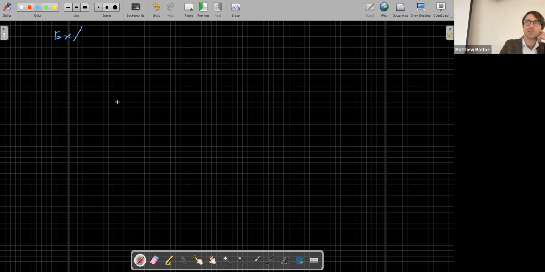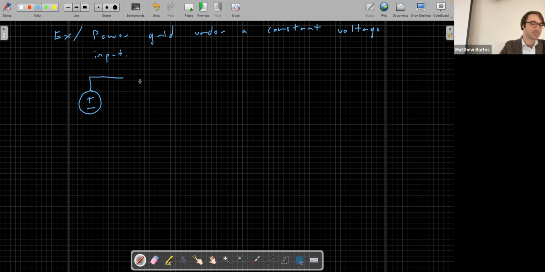Okay, so I'm going to go back to an electrical example first. Let's look at an example of a power grid under a constant voltage input. Let me just draw it out first. We have a power grid, which we're going to represent as an RC circuit. So we'll have a resistor, and we have some storage element in our power grid.